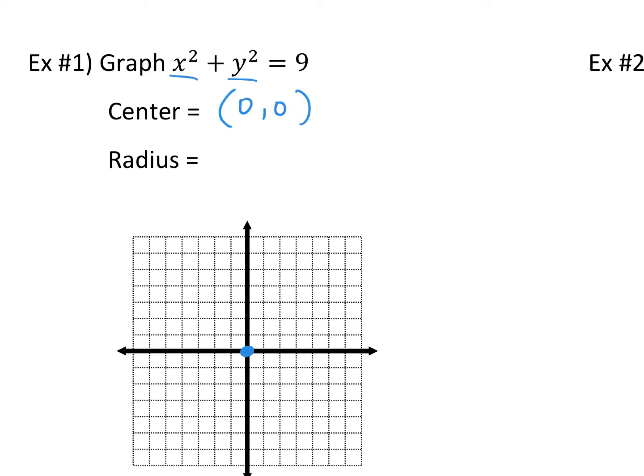When it's equal to 9, what is your radius? Remember, it's x squared plus y squared equals r squared. So r is 3, right? We're saying r squared is 9. So take the square root of that. That means our radius is actually 3.